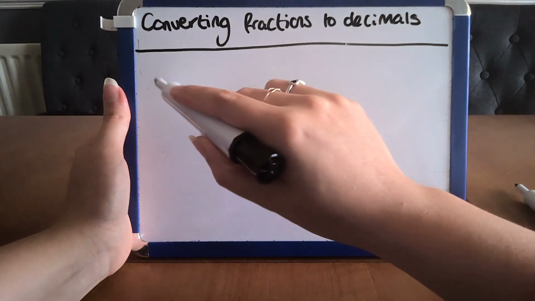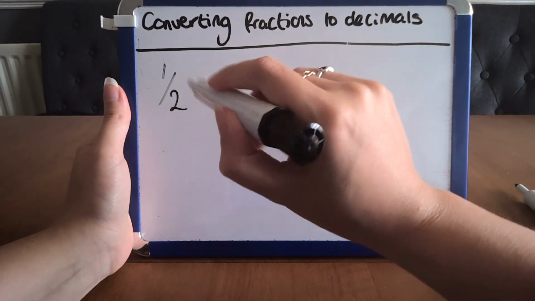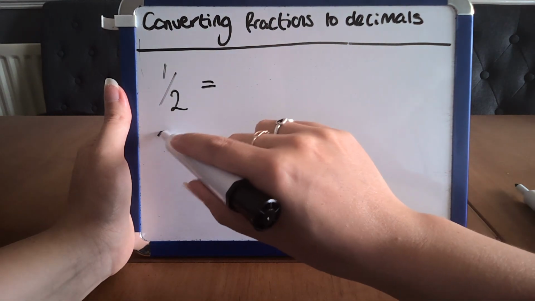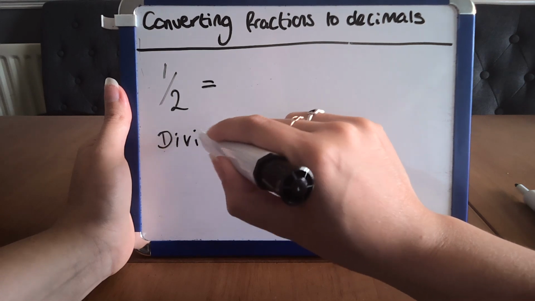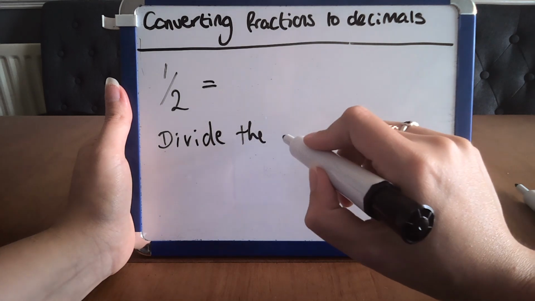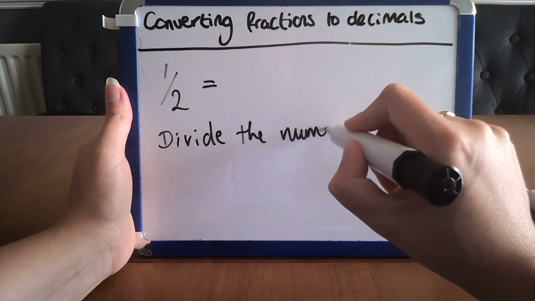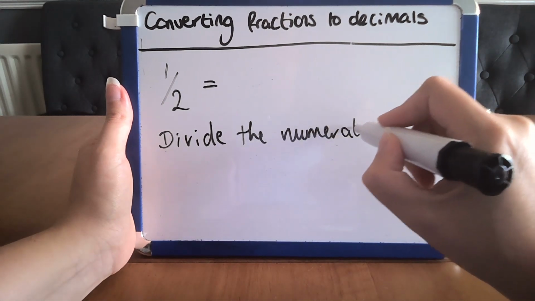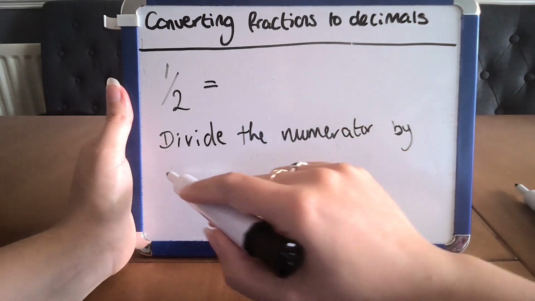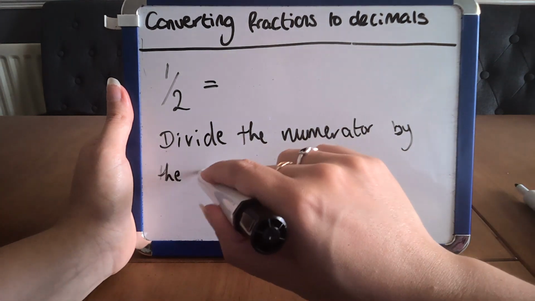So to go through the first example, we have a half. As I said, the method is to divide the numerator by the denominator.